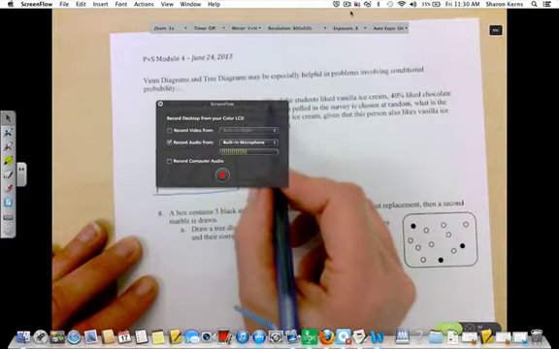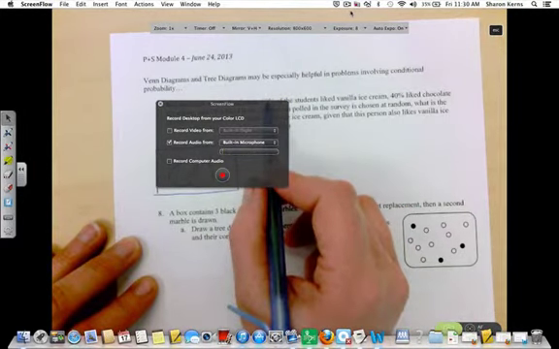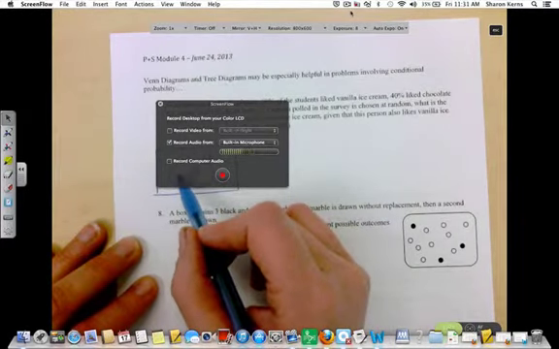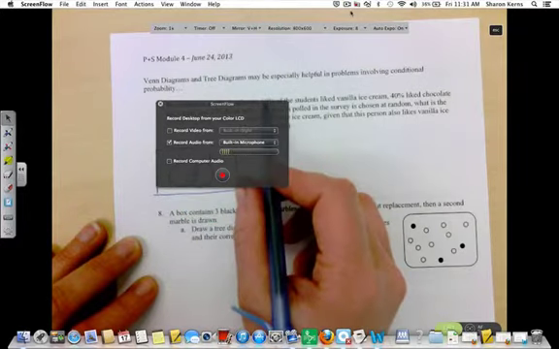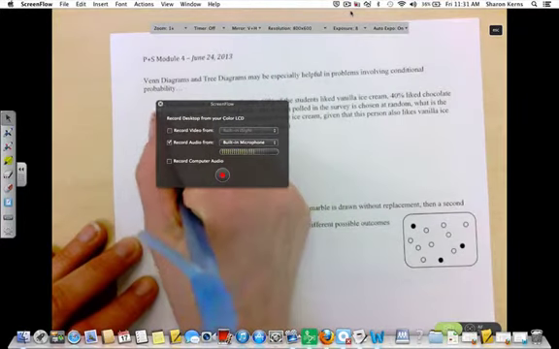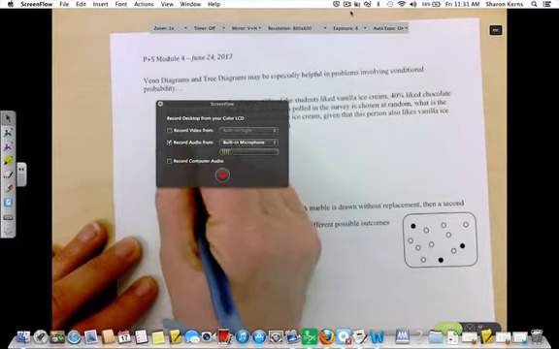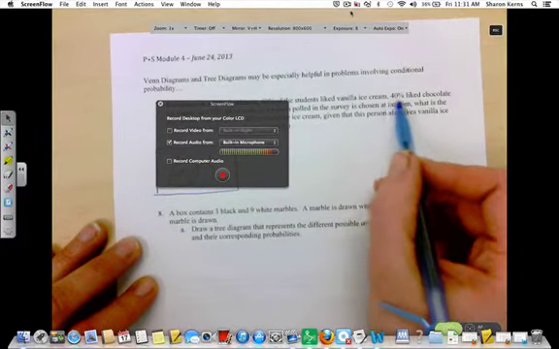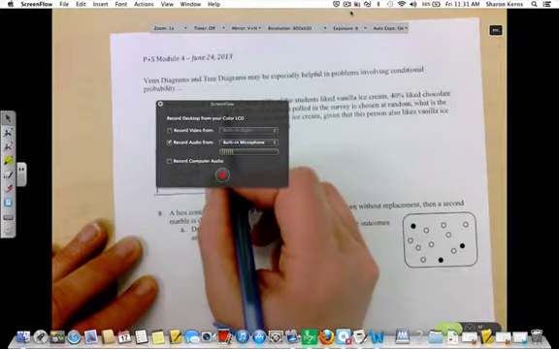If 60% of the students like vanilla, but 15% of them are also in this chocolate group, then let's figure out how many of them just like the vanilla. So 60% minus 15% is 45%. And here we're told 40% like chocolate, but out of that 40%, some of them like vanilla as well.